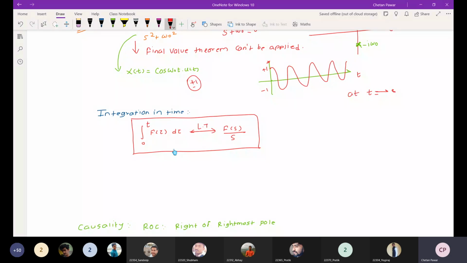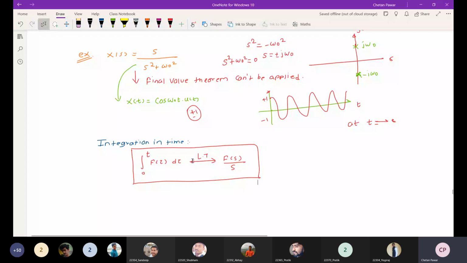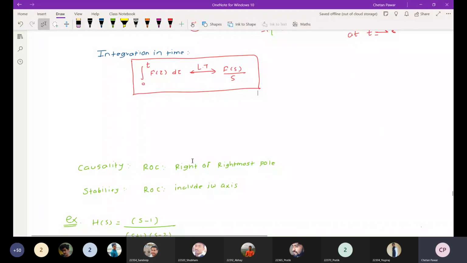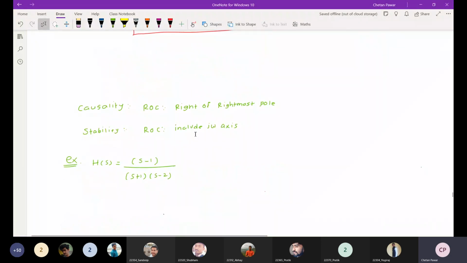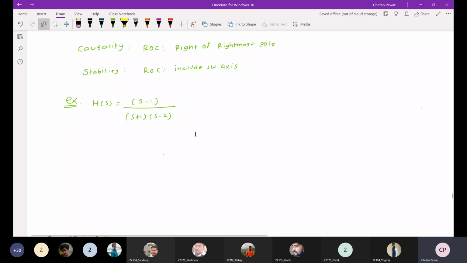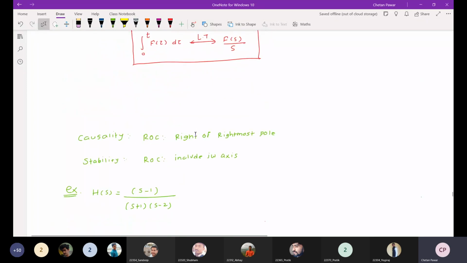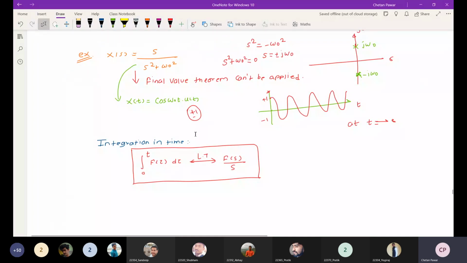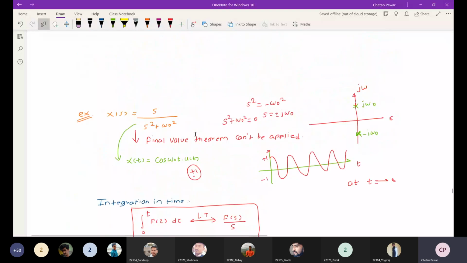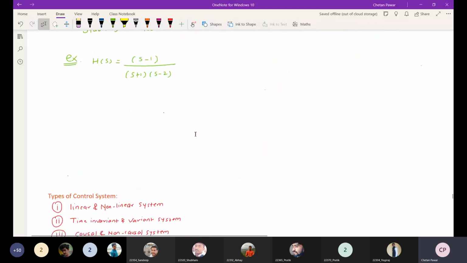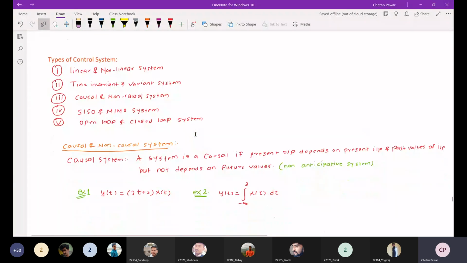It will be helpful when we do the analysis of electric circuits, so at that time also we will revise this. The causality and stability concepts we will study after studying the causal and non-causal systems, and similarly the stability.